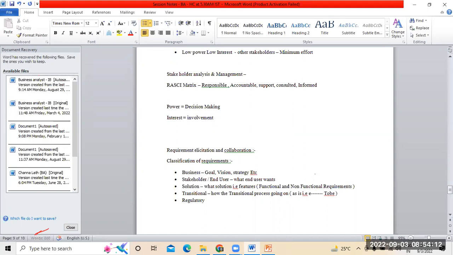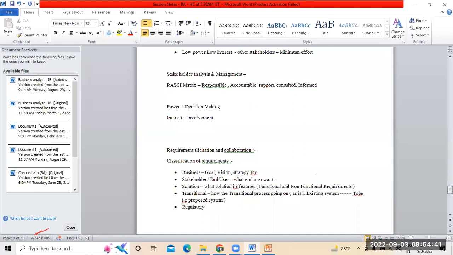To-be is nothing but the proposed system. What are you going to develop? This is what we call the proposed system. As-is is the existing system, to-be is the proposed system. This is what we call transitional requirements.